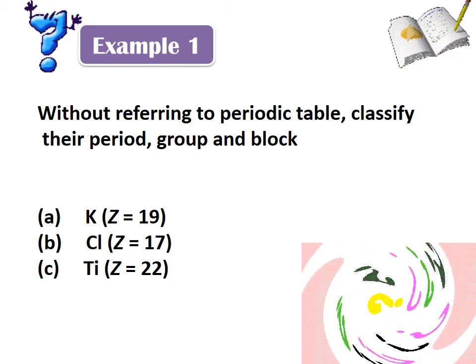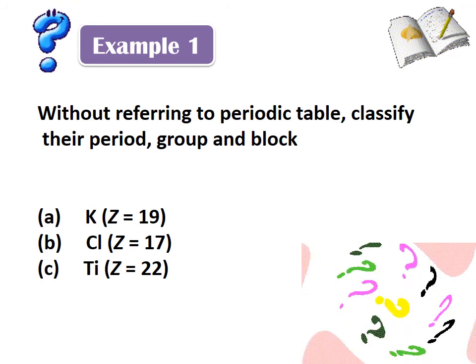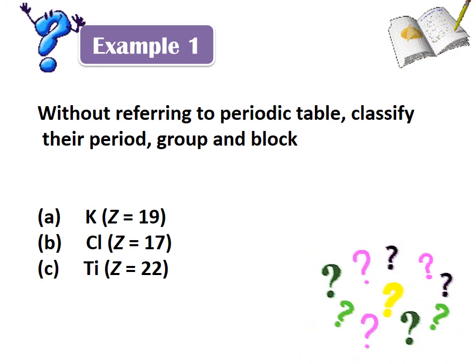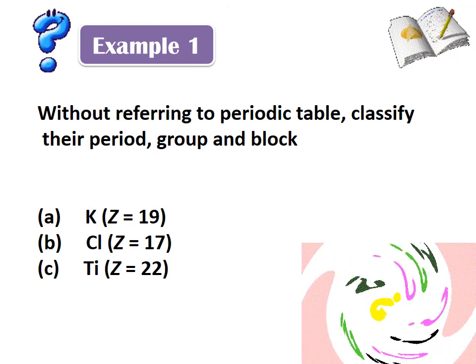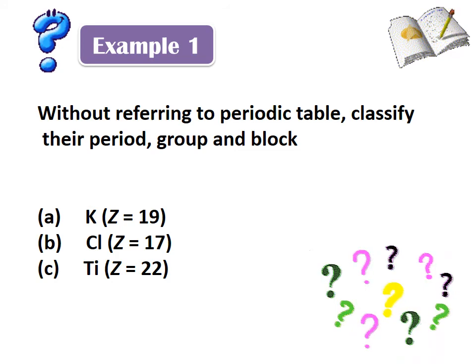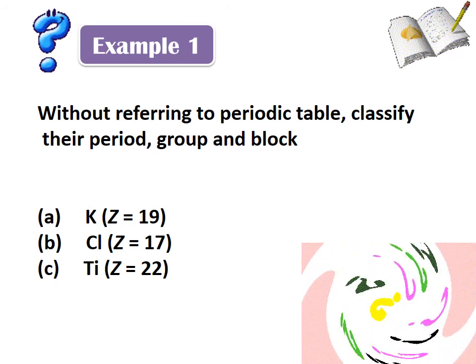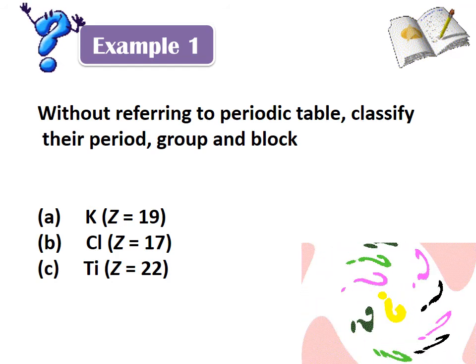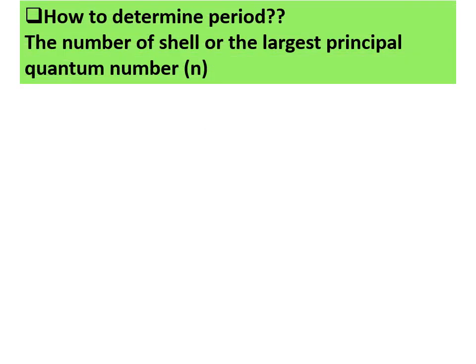Let's look at example 1. Without referring to the periodic table, classify the below elements by period, group, and block. We have potassium, chlorine, and titanium. Remember, to determine the period, we look at the number of shells or the largest principal quantum number.